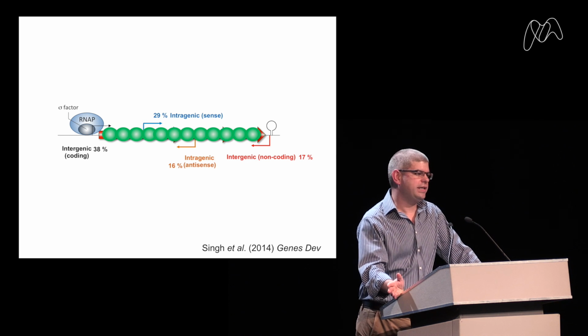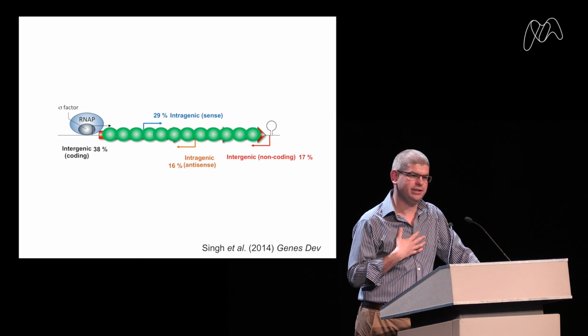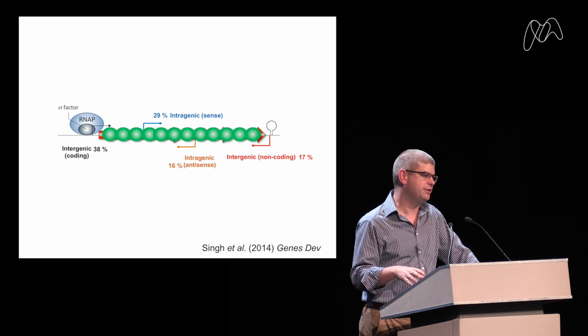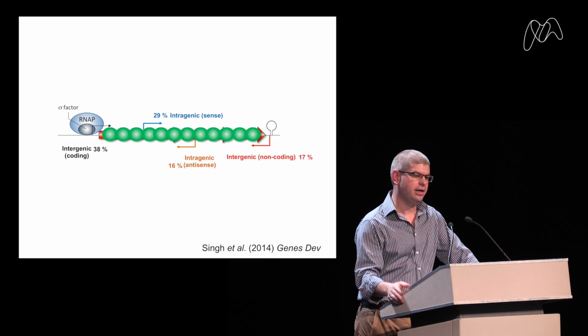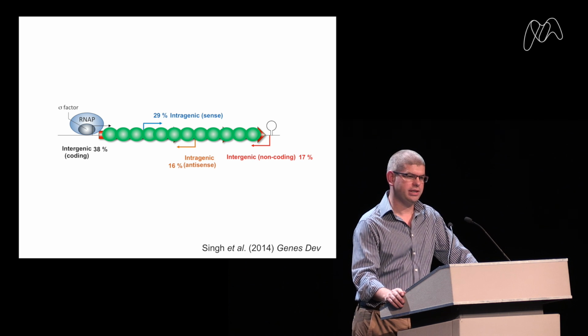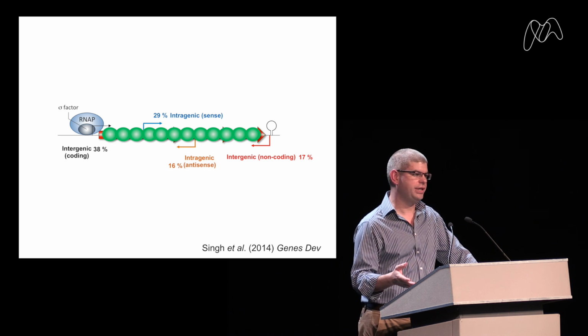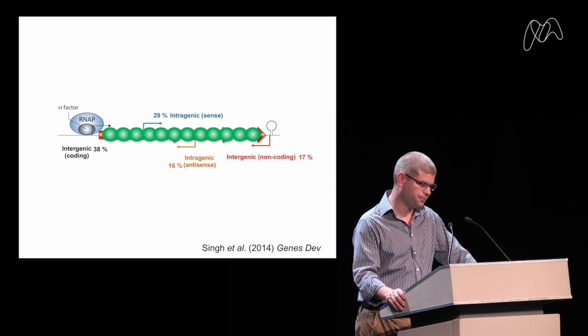So why is this interesting? Well, my personal view is that this is interesting because we found a whole group of genes that behave in a completely unexpected way. It goes completely against the dogma suggested by the textbook, but actually there are other reasons to be interested in what I've told you so far.